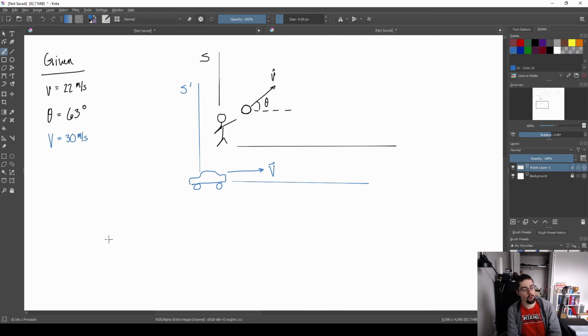How do we go back and forth between these two perspectives and agree on something at the end of the day? So what we're going to need to do is we're going to need to take these velocity transformations. So what I'm trying to look for here, I'm looking for the speed of the ball from Nancy's perspective, V prime, and then I'm going to be looking for the angle of the ball from Nancy's perspective, theta prime.